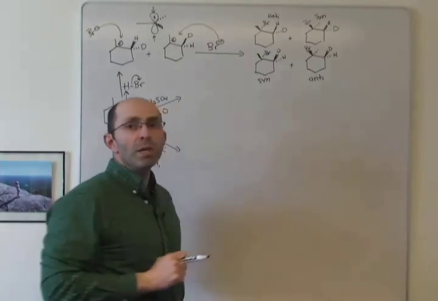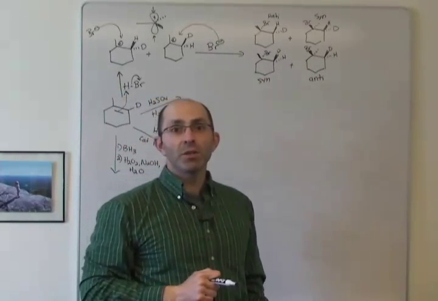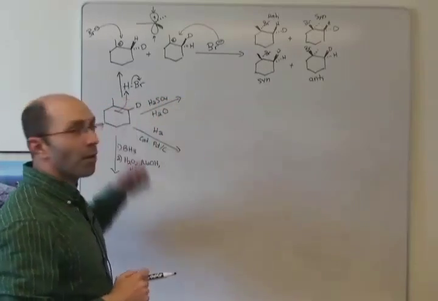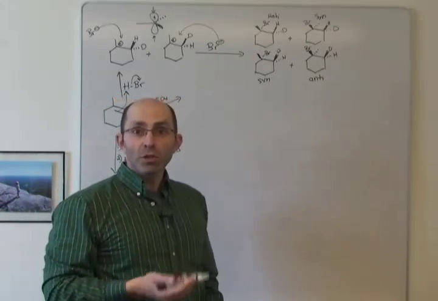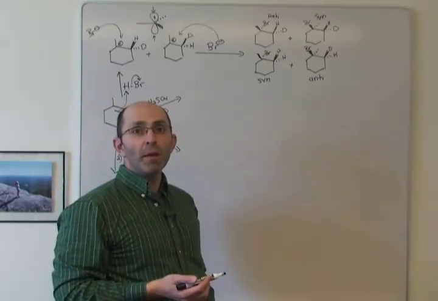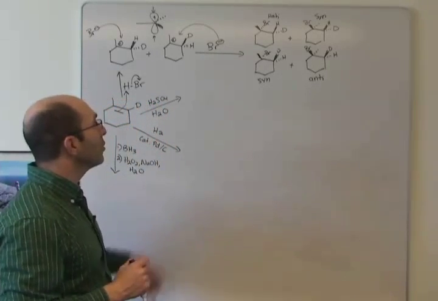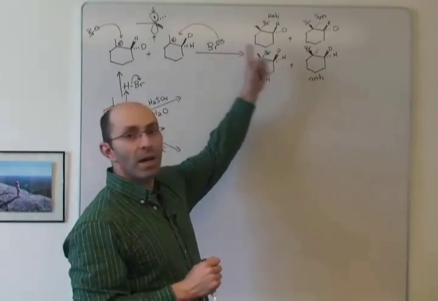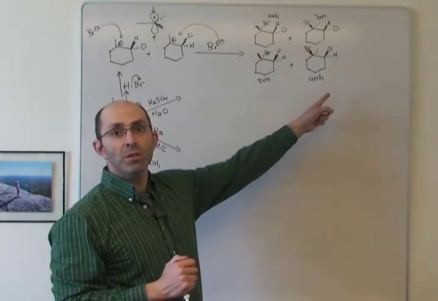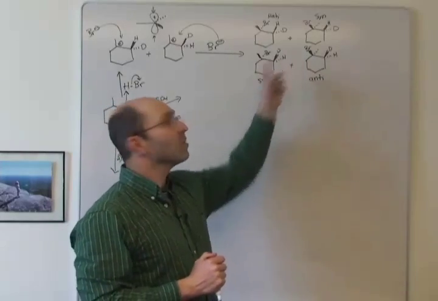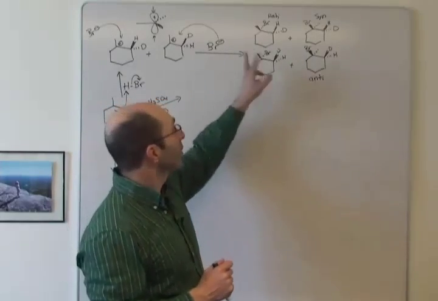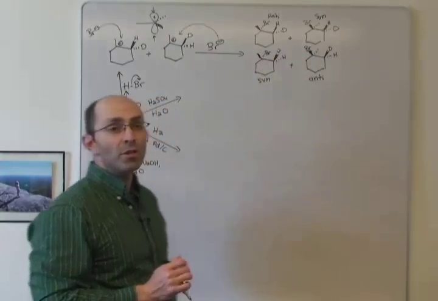Right? So we get both syn and anti-addition when we do HBr, the result of forming a carbocation and there not being a preference for where the bromine is going to add, okay? And I encourage you to go through and verify that the 2 anti products are enantiomers, the syn products are enantiomers, compare syn versus anti, and those are diastereomers.